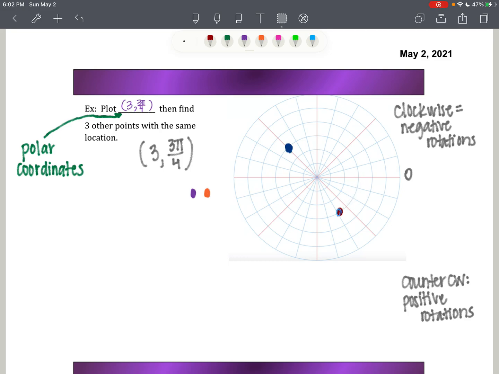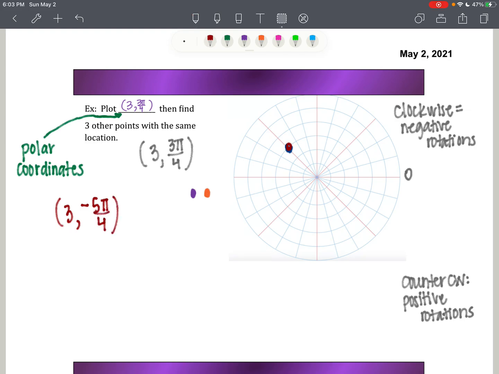So 1π/4, 2π/4, 3π/4, 4π/4, 5π/4. So that point would be a positive directed distance and then a clockwise move, which would be negative 5π/4.